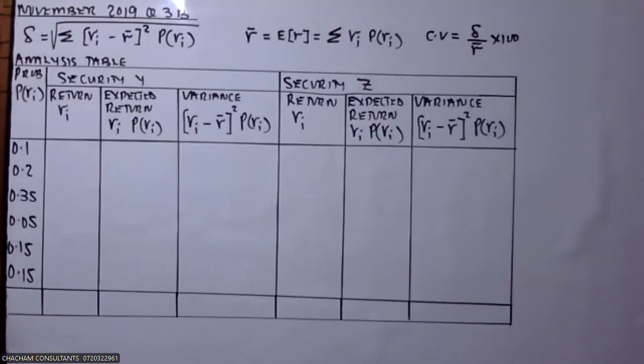So the first thing, add these totals, or rather add these probabilities.